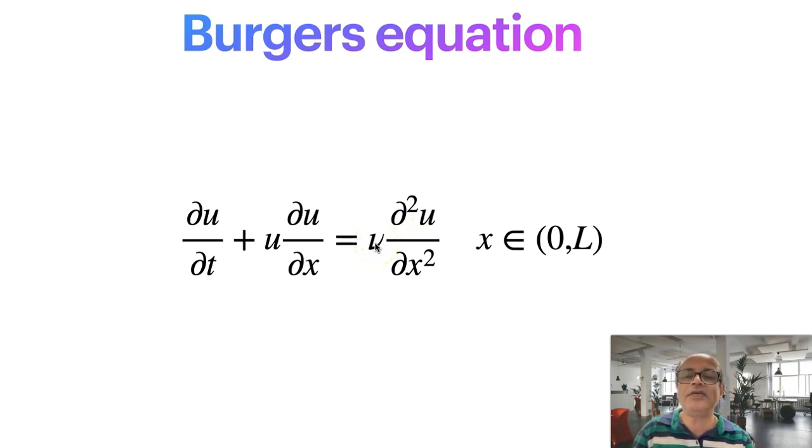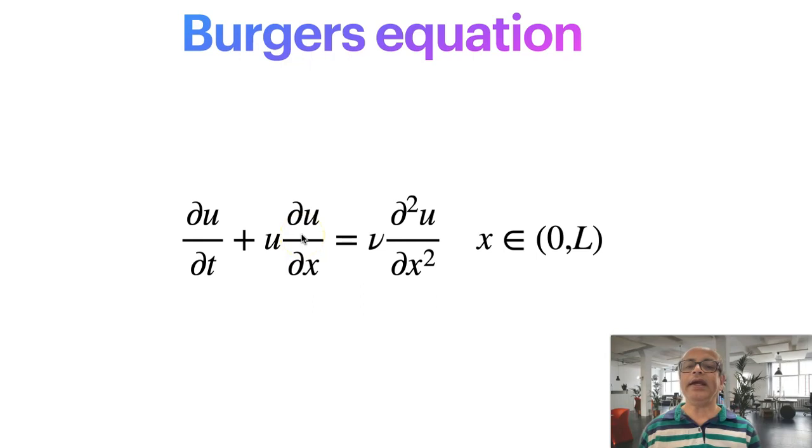If I set nu equals 0.1, then I will have a competition between the second term on the left hand side and the third term which is on the right hand side. So advection and diffusion. So diffusion will be 10 times smaller approximately or relatively. If I set nu to 10 to the power minus 2, then diffusion will be 100 times smaller.